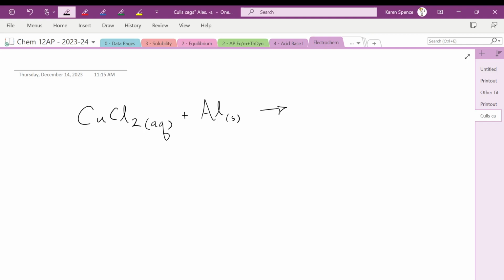We're doing the formula equation right now. Once you've done the formula equation, if you would like to do the complete ionic equation and the net ionic equation, you can go for that too.